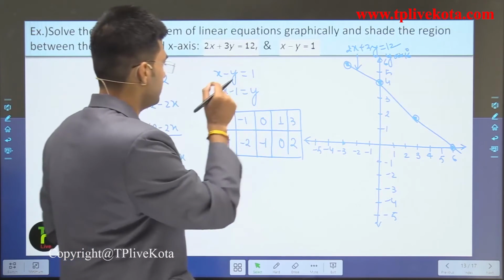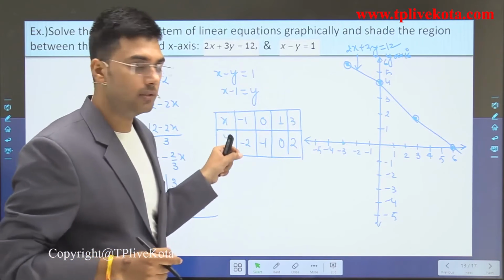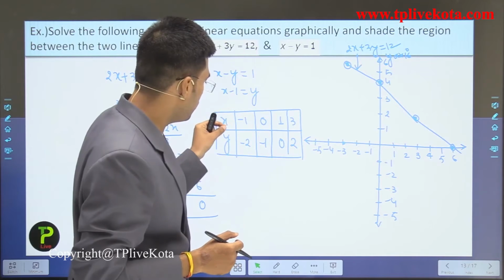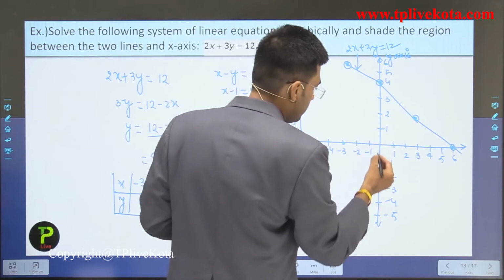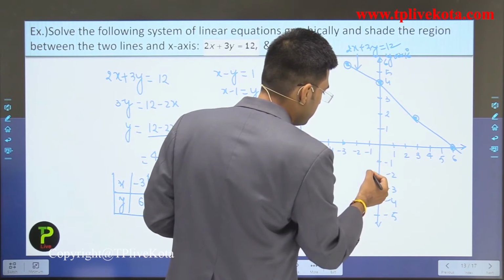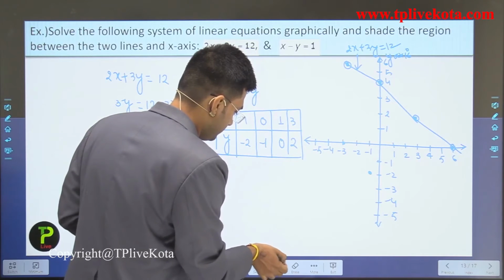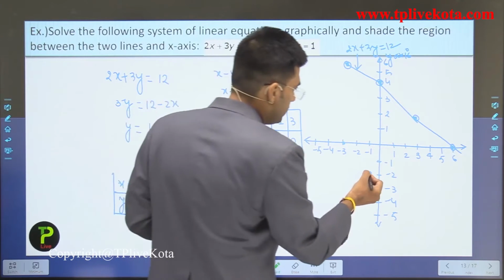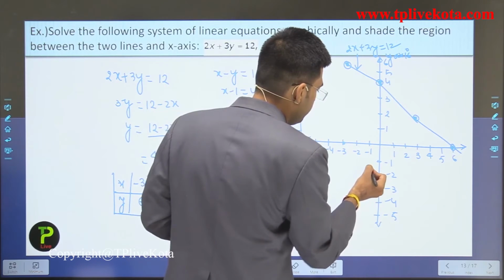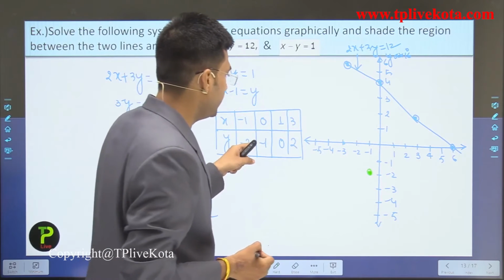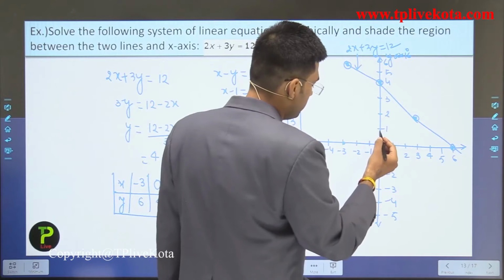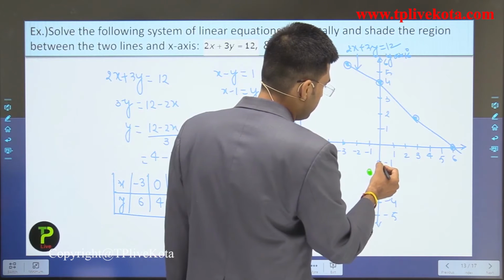Now let's plot the points of the other equation. Minus 1 comma minus 2 is the first point of this equation. Now the next is 0 comma minus 1. At x equal to 0, y is minus 1.